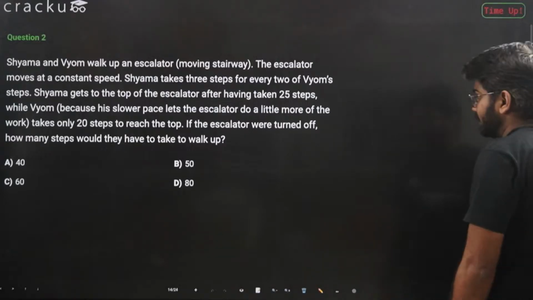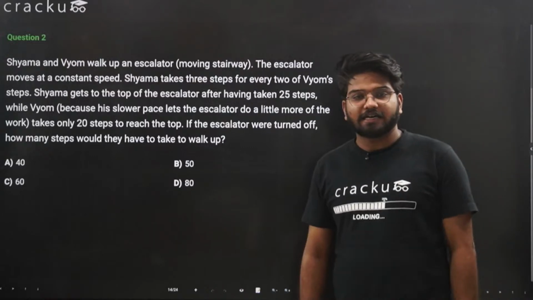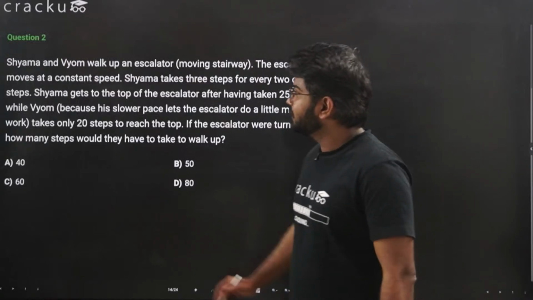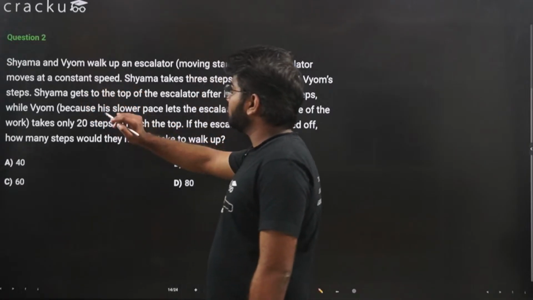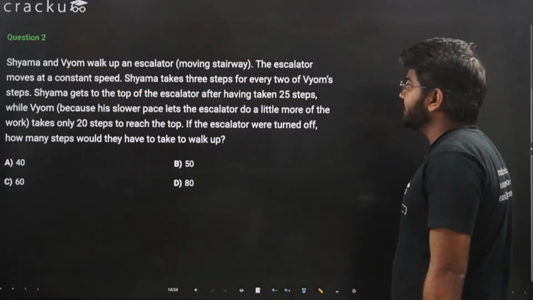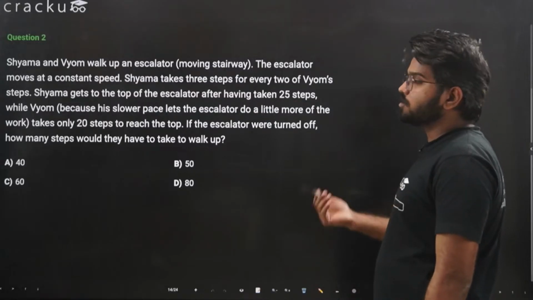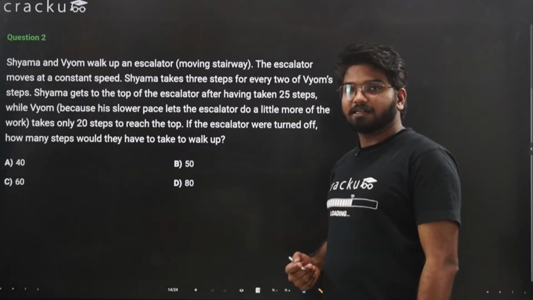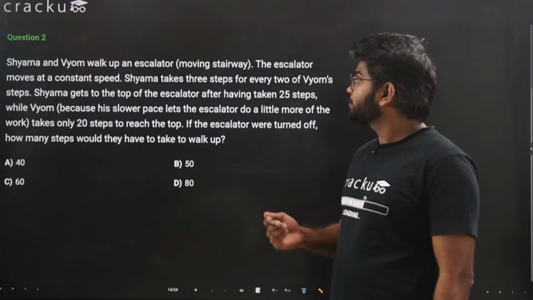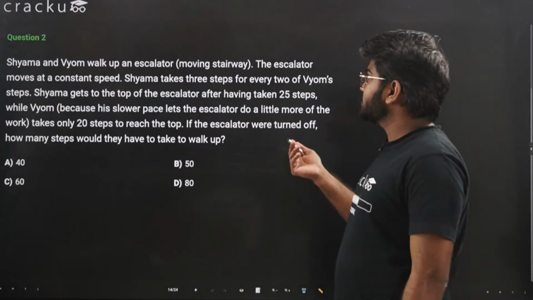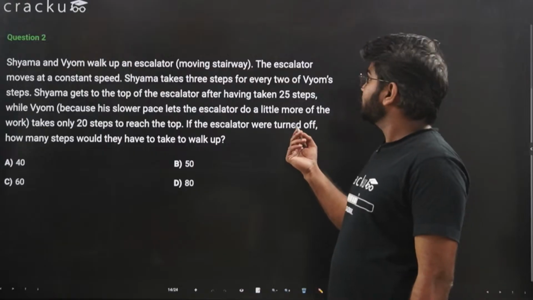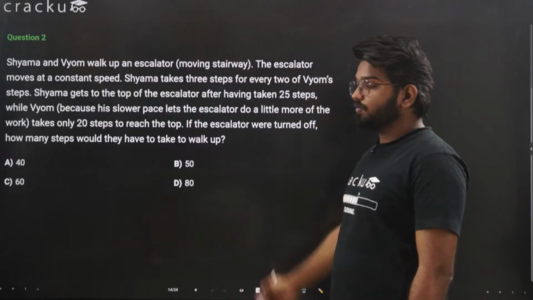Okay. This was again based on escalator. It says that Shama and Vyom walk up an escalator, a moving stairway. The escalator moves at a constant speed. We know that the escalator speed is always constant. Shama takes 3 steps for every 2 steps of Vyom.